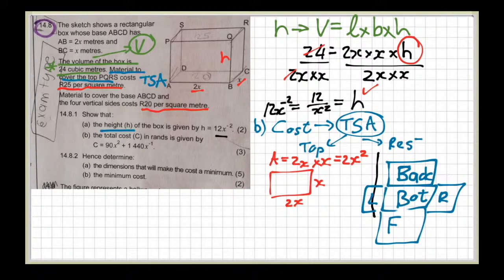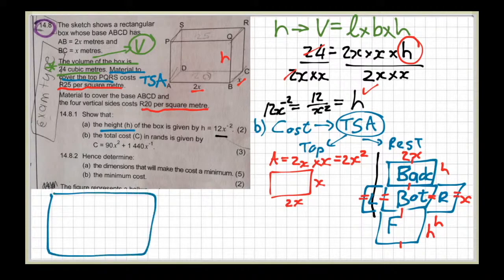Now, to get the dimensions, remember there's height and height and height, and all of these are x's, and all of those are 2x's. That's if I fold this thing open. So if I look at the surface area for the rest, it's a bit of a doozy, but it's not that difficult.